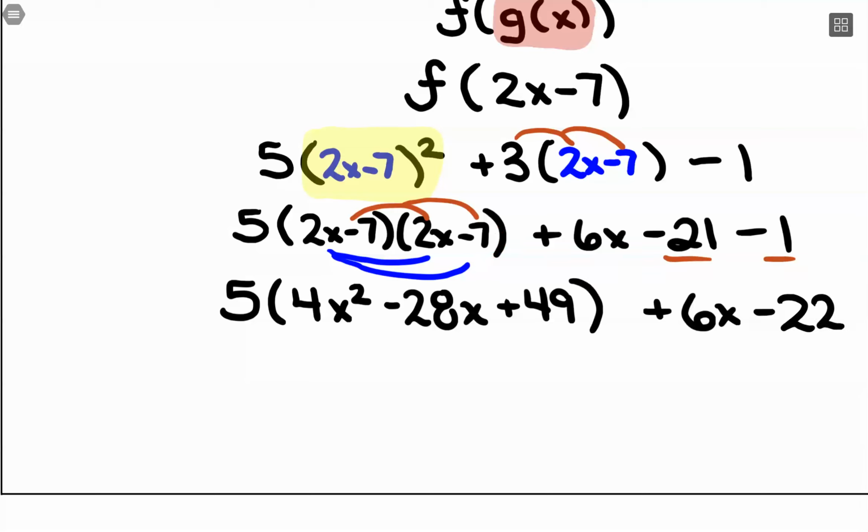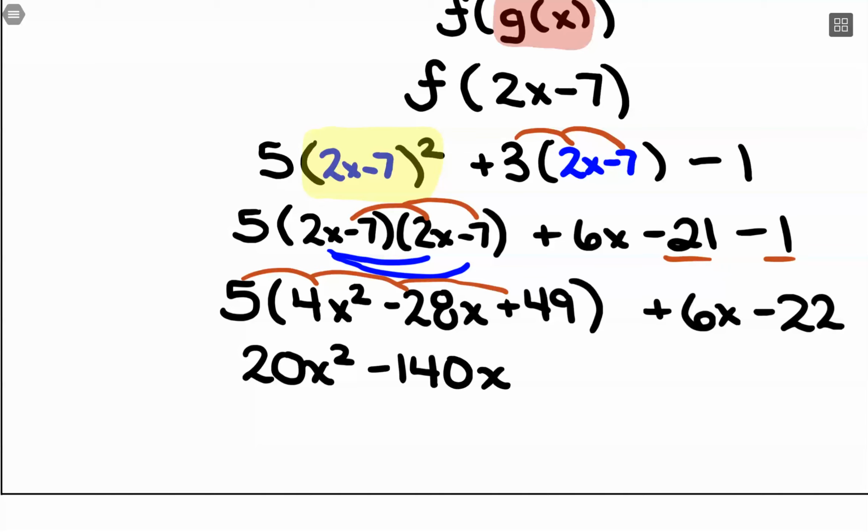All right, now I'm going to distribute the 5 in. So I'm just simplifying down here, combining like terms, taking care of many operations. So 5 times 4x squared is 20x squared. 5 times negative 28 with the help of a calculator will be negative 140, and then x. And 5 times positive 49 with the help of a calculator is positive 245. And then we have this plus 6x minus 22. And then I'm just going to look for like terms.